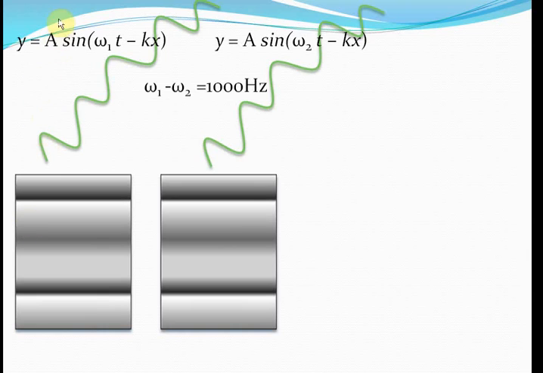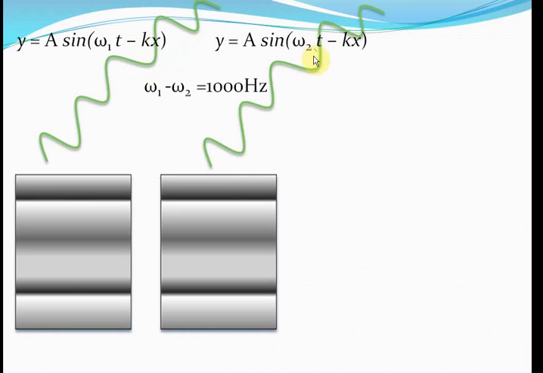The amplitudes of these signals are the same. Omega 1 and omega 2 are such that omega 1 minus omega 2 is a small value, given to be 1000 Hz. Since omega 1 and omega 2 are close, we can definitely assume that k1 minus k2 is so small that we can almost assume k1 equal to k2, which is why I've written k in both cases here.